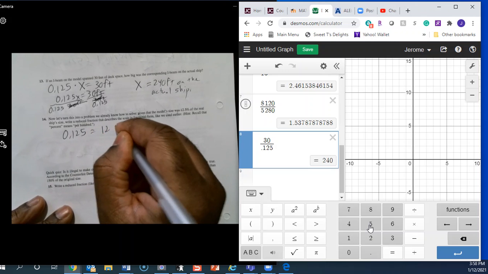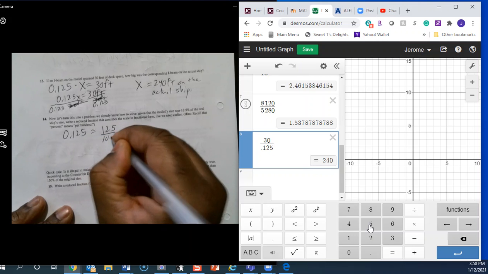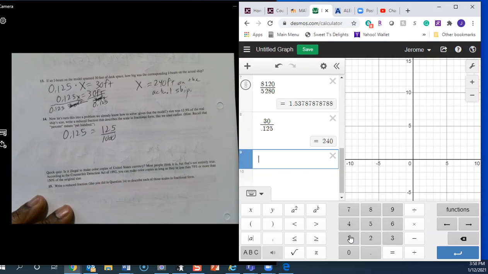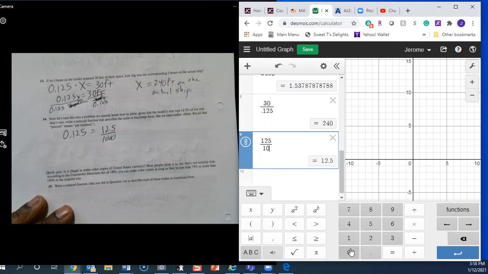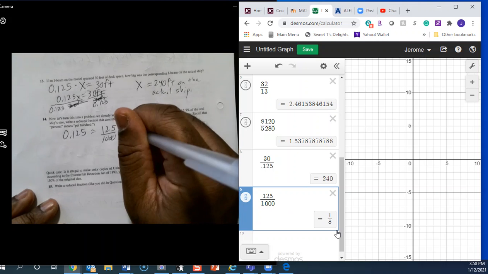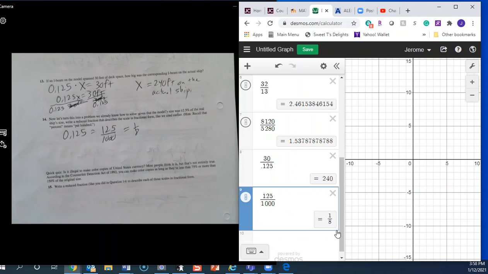As a matter of fact, 0.125 is the same as saying 125 over 1,000. So we could do 125 divided by 1,000, which would be 0.125, but we would hit this key here, and it would give us the fraction. So this right here would be 1/8. Now, there was another way we could have done it.